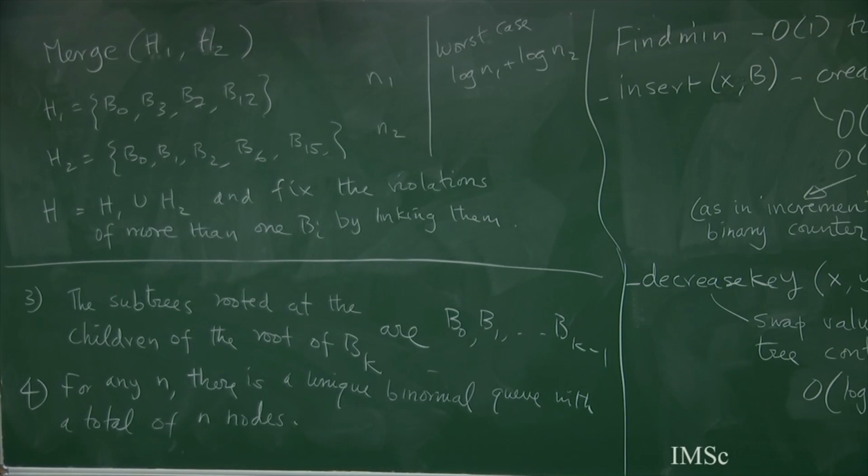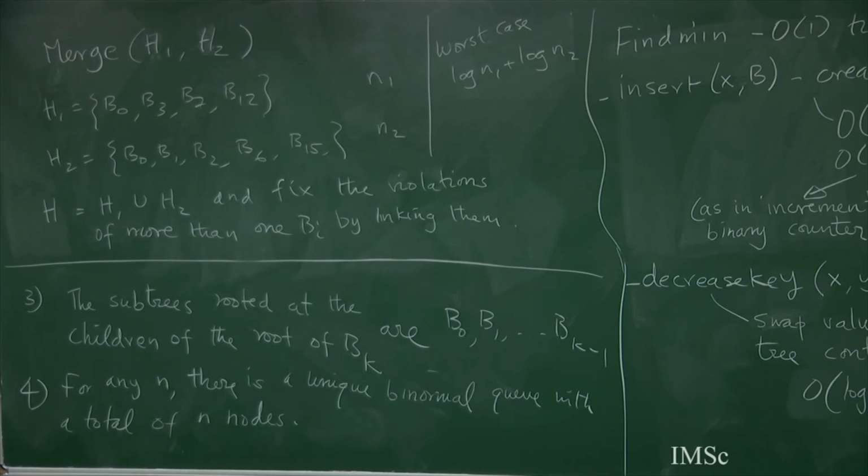Now, what is the other operation we want to support? What's the other priority queue operation? Delete min, right? Insert and delete min are the two key operations we wanted to do. So delete min, how would you do? So min is sitting in one of the trees.